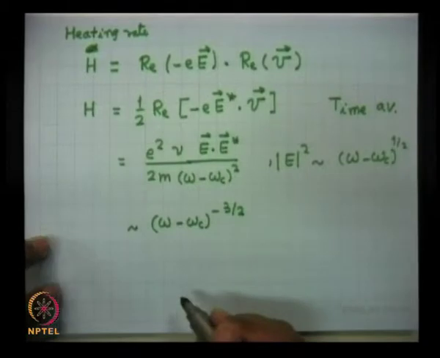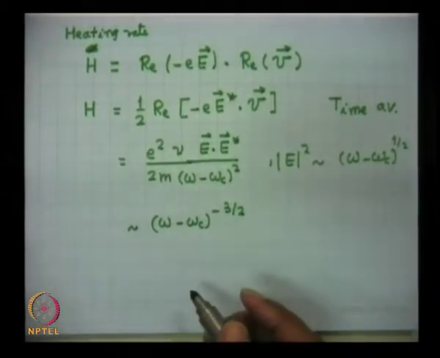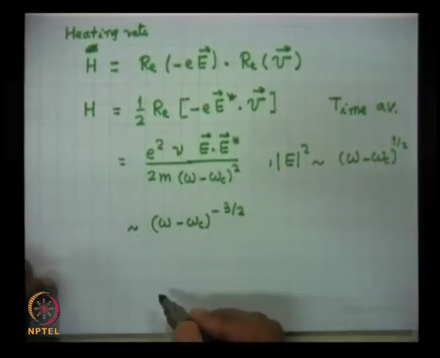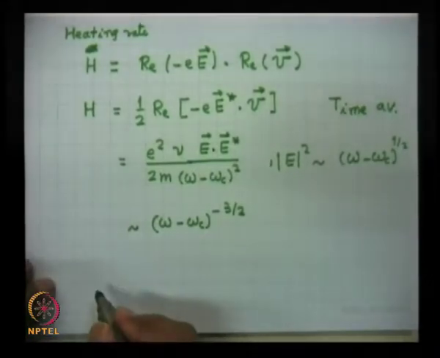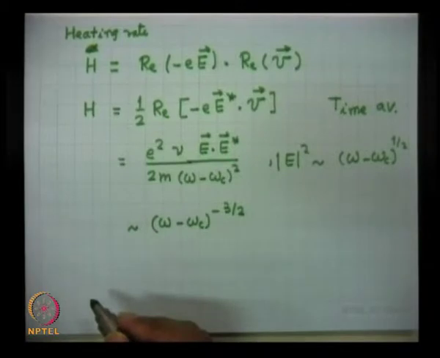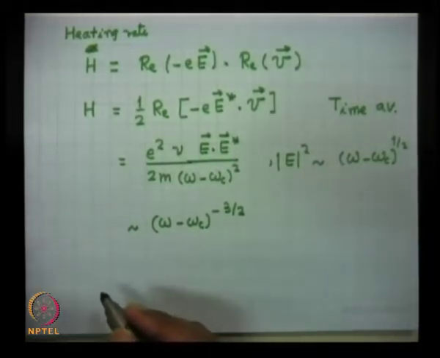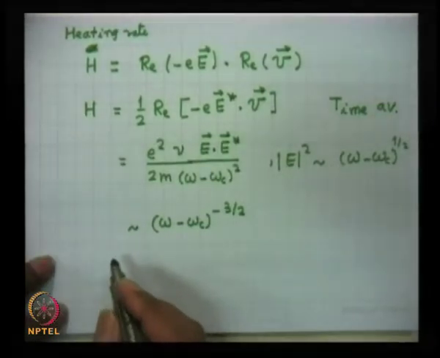So, the heating is very strongly influenced by cyclotron resonance. That is something very important. And if you want to find out the rise in electron temperature because of this wave which is travelling along the magnetic field, that is not difficult to calculate.